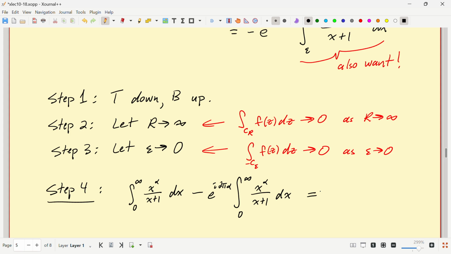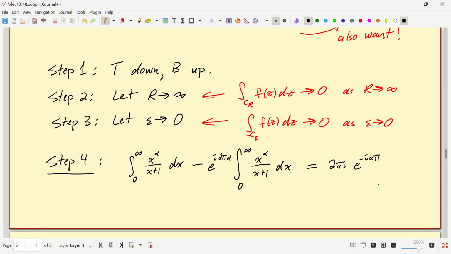And on the right-hand side, what did I get? The residue was 2 pi i, and the residue was e to the minus i alpha pi. And so what's the integral?